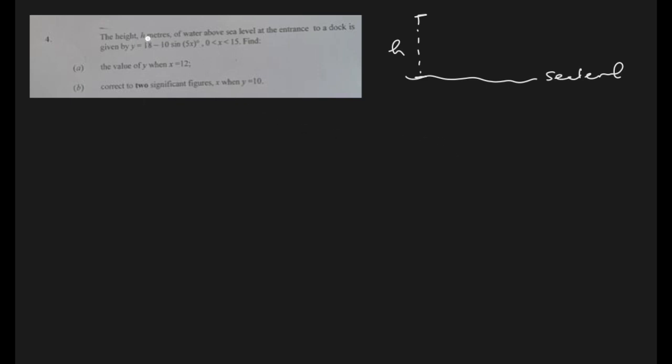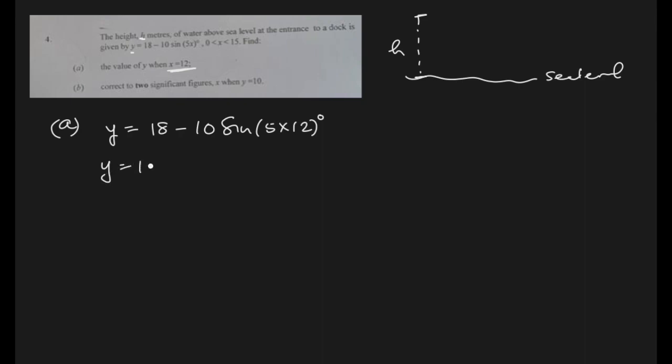Interestingly, they have used h as well as y for the same parameter. Okay, still we'll do it. A, the value of y when x is 12. So value of y when x is 12 will be 18 minus 10 sine 5 times 12 degrees, and x is between 0 and 15, and x is 12. That's fine. It satisfies the situation.